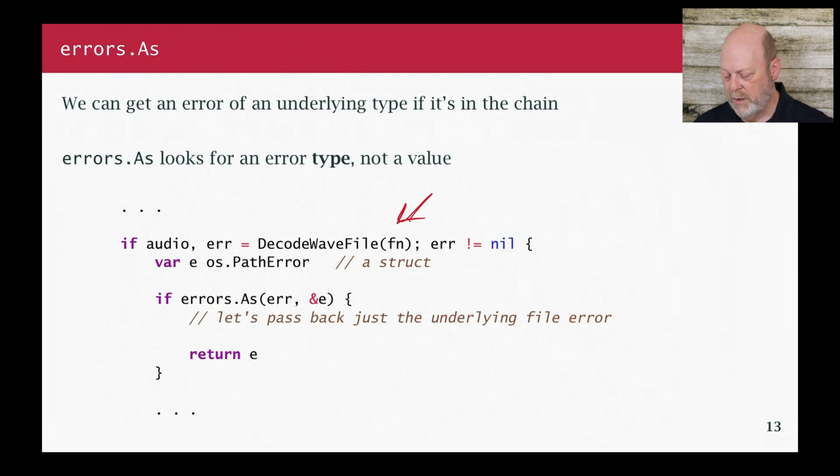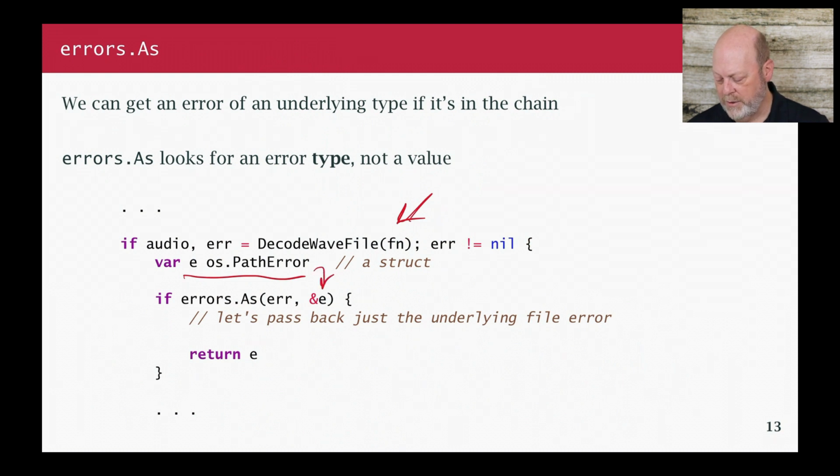So if I'm using errors.As, what I'm actually saying is attempt to extract a path error from this error. And if it works, I have to give it a variable to copy into. I'm going to give it the address of an os.PathError that I've declared.